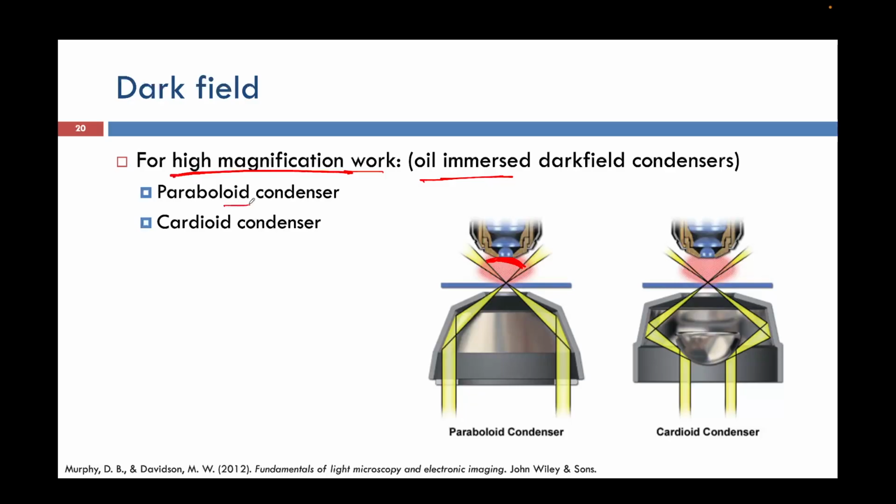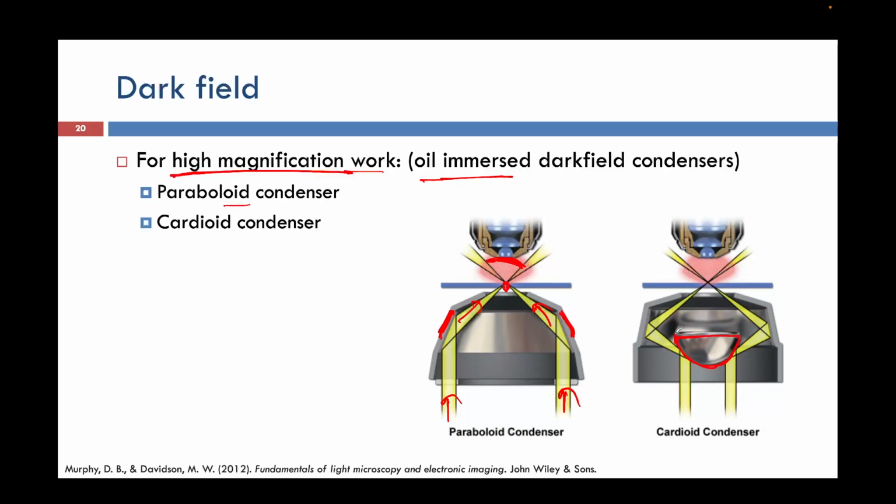One is the paraboloid condenser, another is the cardioid condenser. In the paraboloid condenser, the incident beam goes like here, where there is a parabolic surface, and from this parabolic surface it is directed towards the specimen. Here this is the specimen. And the cardioid condenser, instead of a parabolic surface, has a spherical surface.